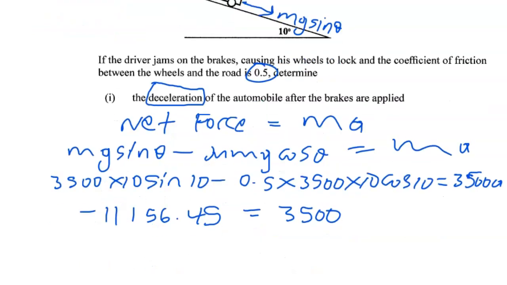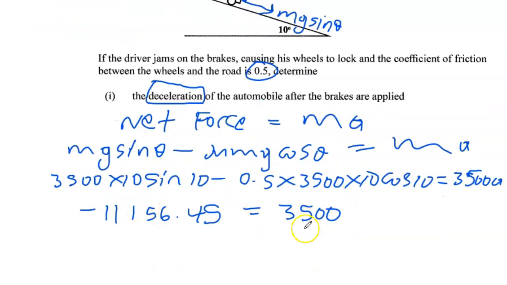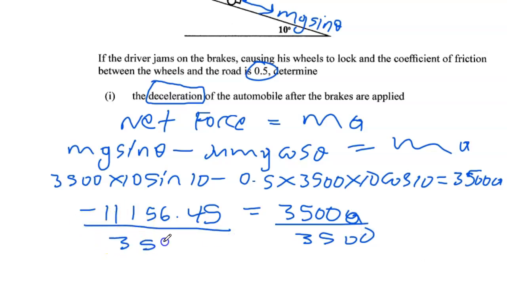We divide both sides by 3,500, so this is the net force. We divide both sides by 3,500 to solve for a. So we end up with a equal to negative 11,156.45 divided by 3,500, negative 3.19.